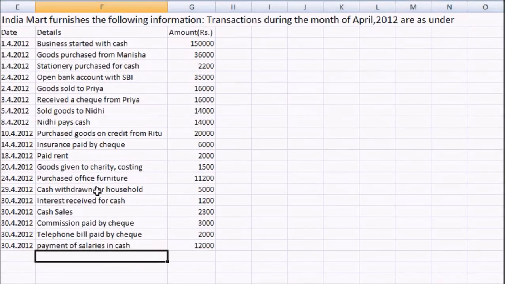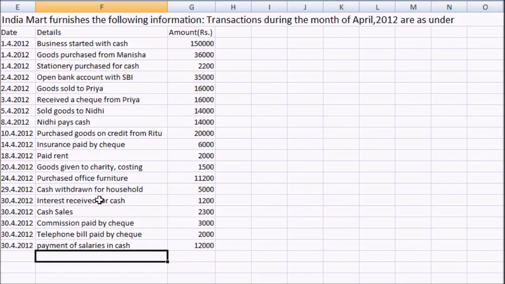Cash withdrawn for household. Now any cash withdrawn by the business owner for the household purposes is known to be drawings. A business owner can either draw cash or goods for his own means, personal use, and that would be considered as drawing.